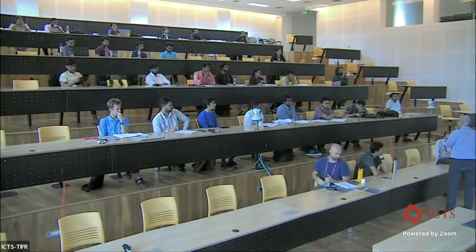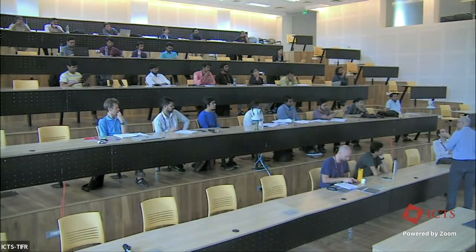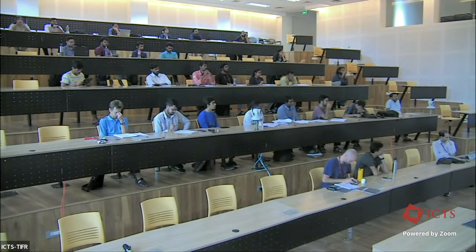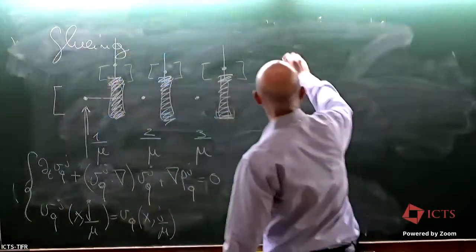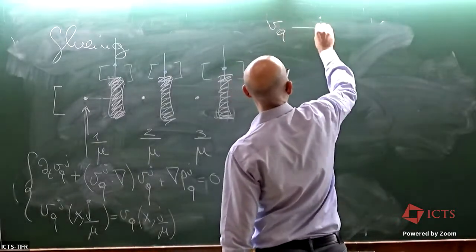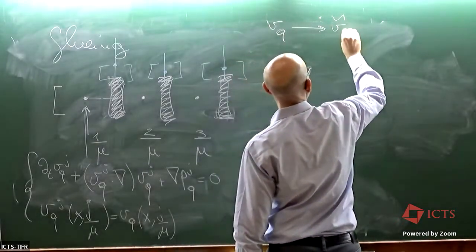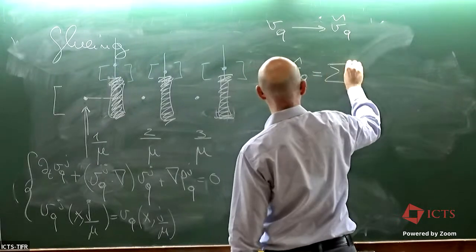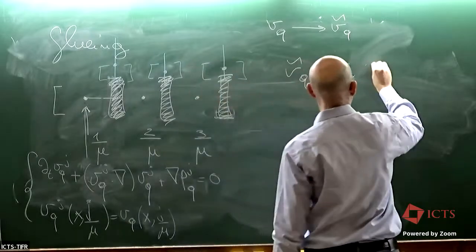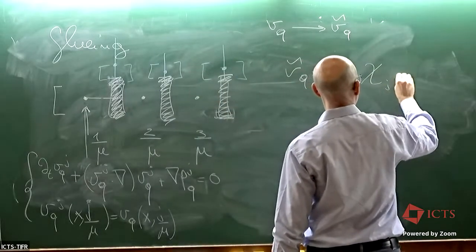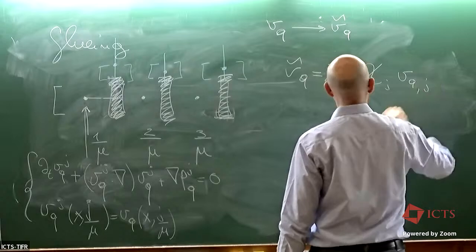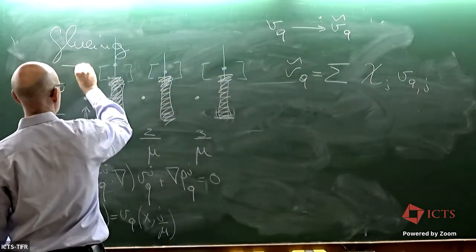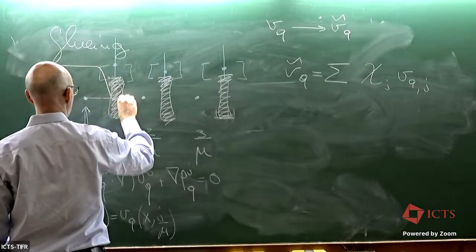Same as the previous one, so the white part. Okay, so you have VQ. Now you produce V tilde Q, and you produce this by making a partition of unity of the VQJ. This partition of unity is going to look like this. It's exactly equal to 1 over here, and then it goes down this way.